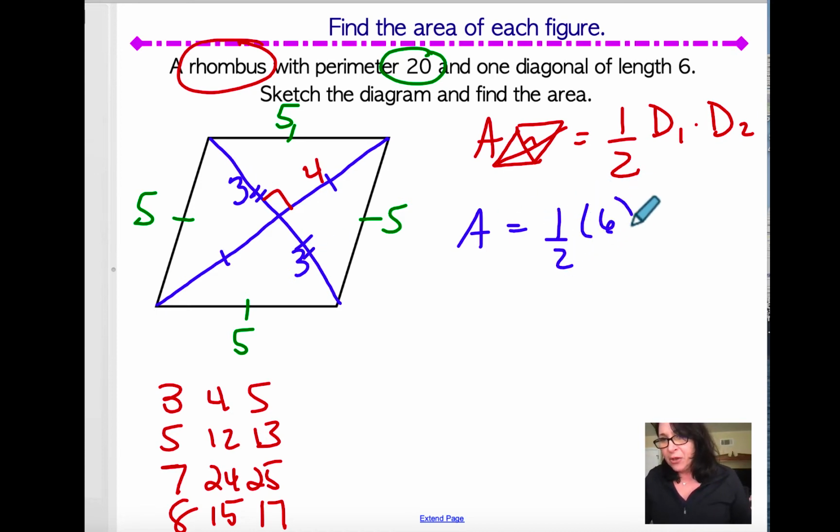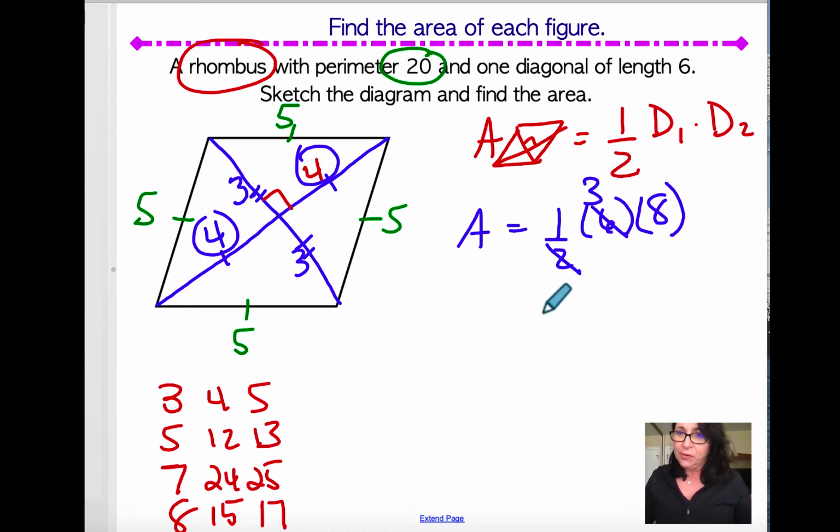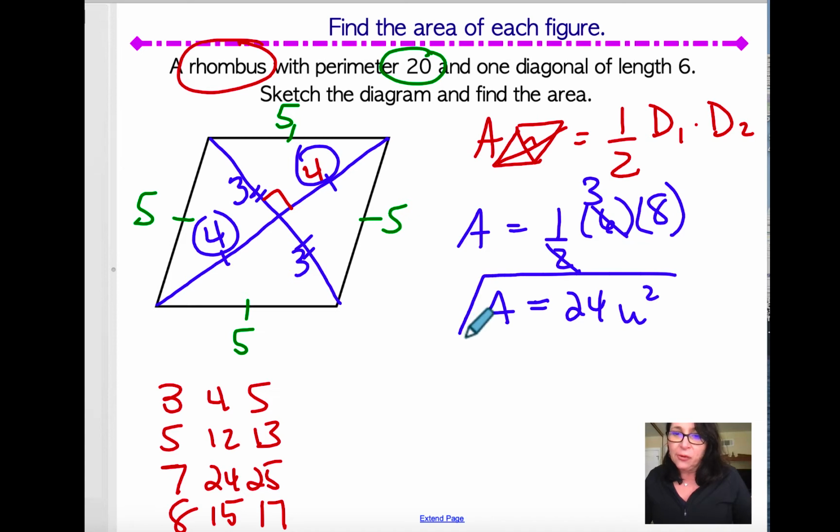They gave me that value. But my other diagonal, I know this is 4, but that also means that's 4. So the length of the diagonal is 8. So 2 divides into 6 3 times. 3 units times 8 units is 24 units squared. And so that's going to be the area of this rhombus.